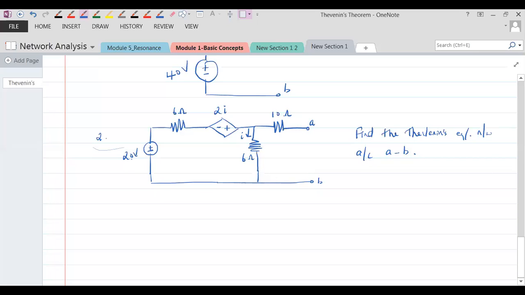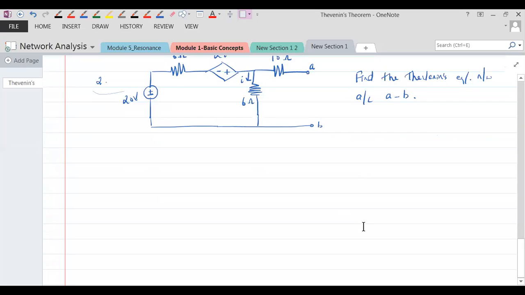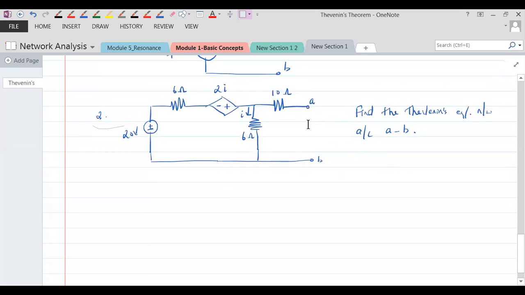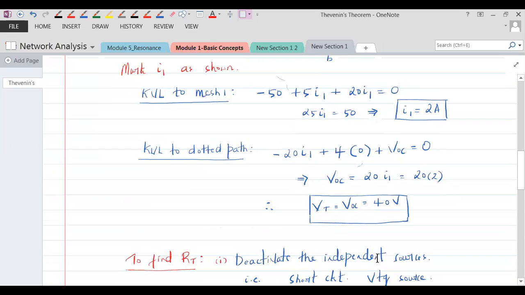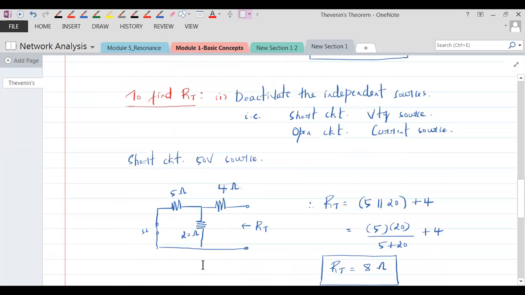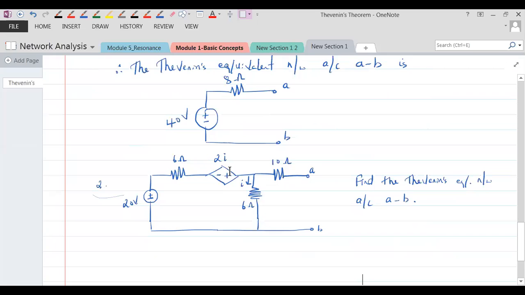Understand that? So it is plus minus. Now what you should understand is the method of finding out VOC would not change, because it is VOC that we draw across this. But when we are finding out RT, what we did here, we deactivated the independent sources to find out RT. But after you deactivate the independent sources, the dependent source is still there, which is not supposed to be deactivated. So the method of finding out RT differs here.